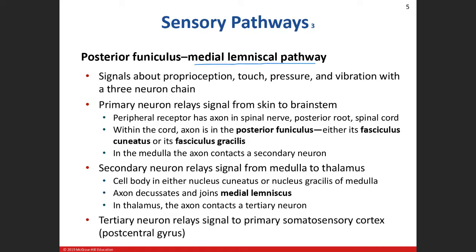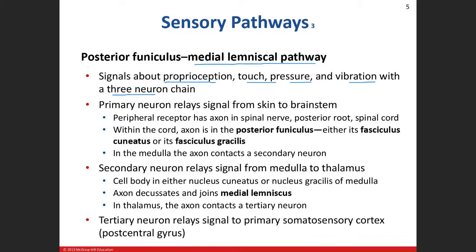We talked about the medial lemniscus when we were talking about parts of the midbrain, parts of the pons, and the medulla oblongata, because the medial lemniscus carries sensory information, okay? So this pathway is going to carry, look at all the stuff that it carries: proprioception, touch, pressure, and vibration, okay? And so it involves 3 neurons. So I'll break it down.